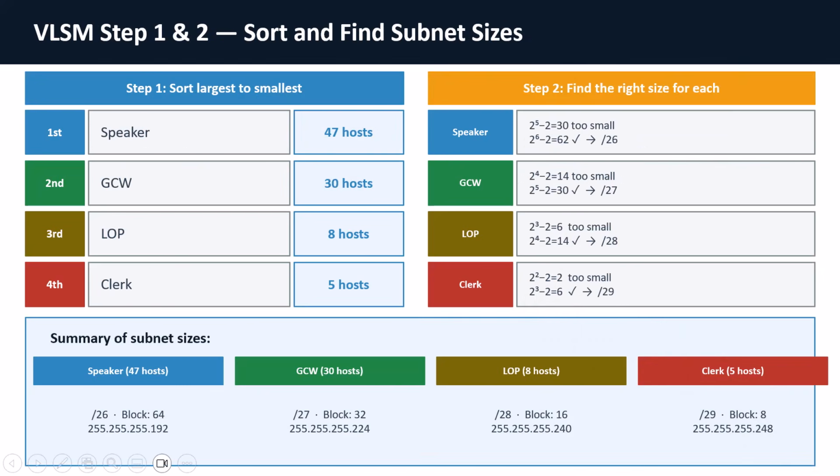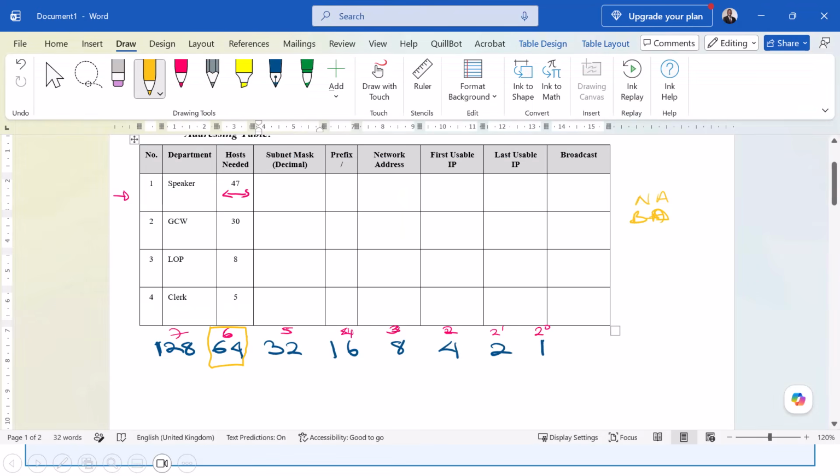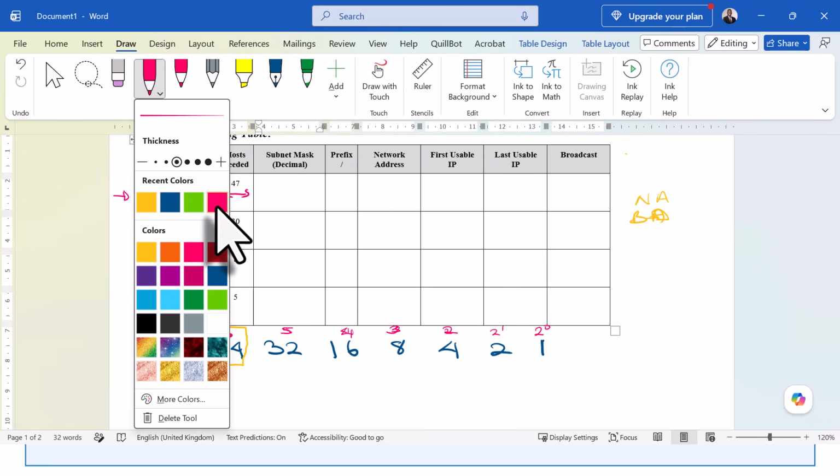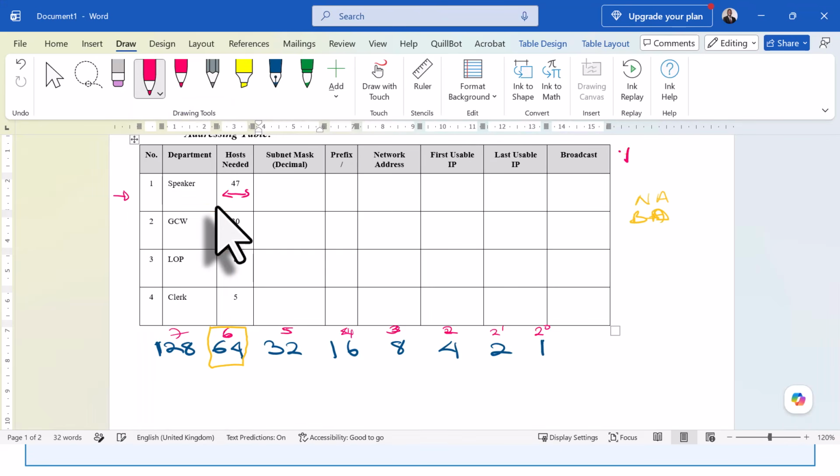So let me come back here and we write it here. This was our original address that they have given us, which was 192.168.50.0.